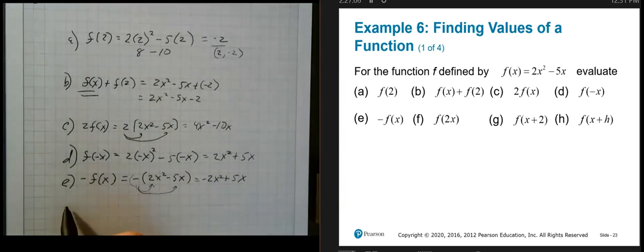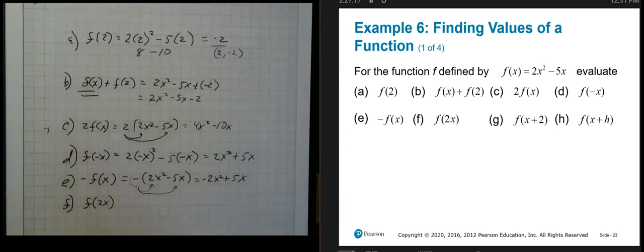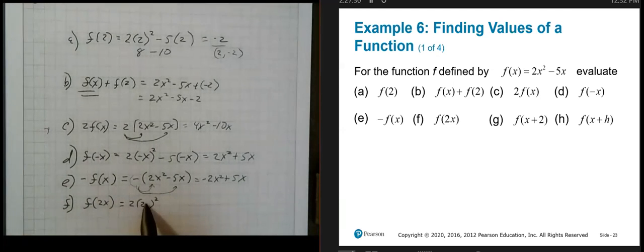Okay. And so now letter F, we have f of 2x. Up here on letter C, we multiply the function by 2. Here, we're multiplying the x before we do the function. So that means instead of x being squared and multiplied by 2, it's 2x that's going to be squared and multiplied by 2. And then we're going to subtract 5 times the 2x.